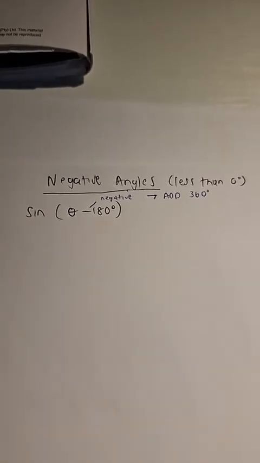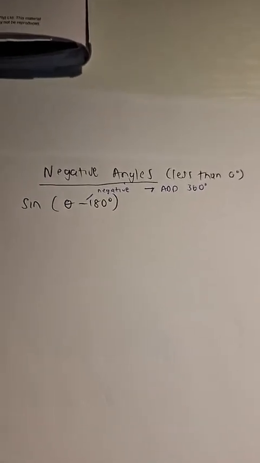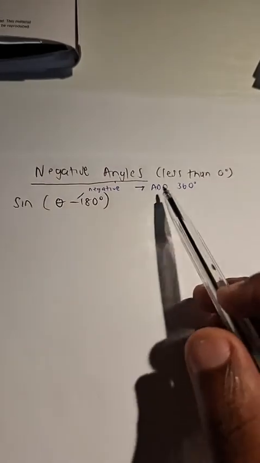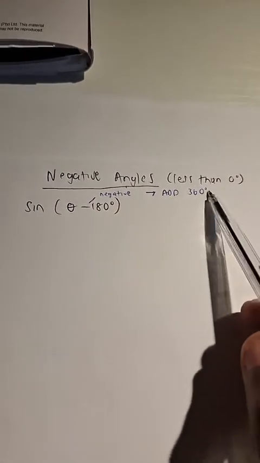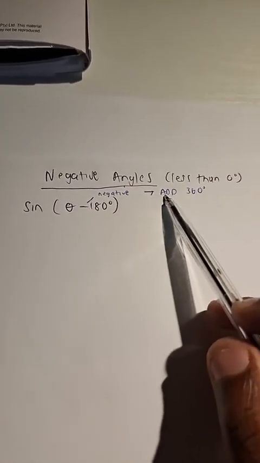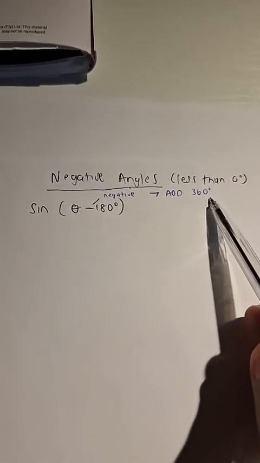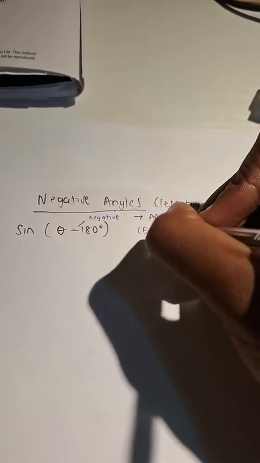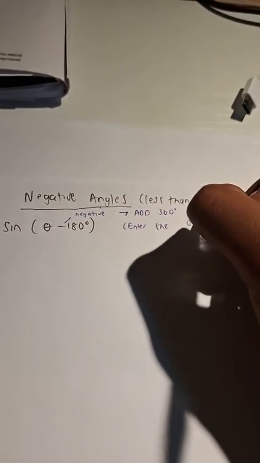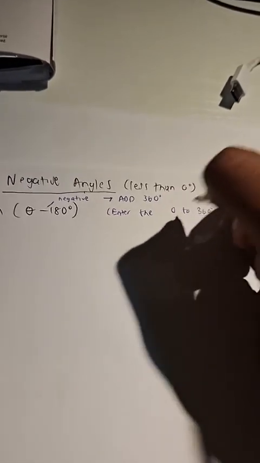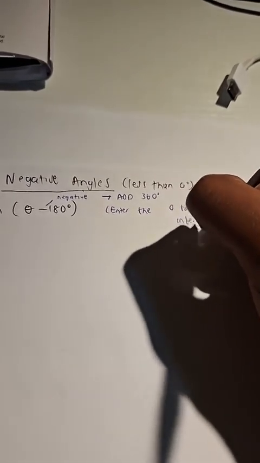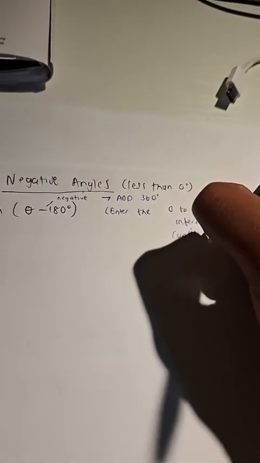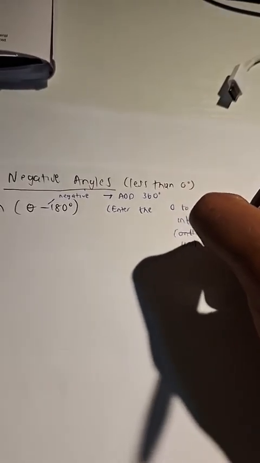So we want to restore our working within one unit circle. In order to accomplish that, we add a full revolution, a full complete 360 degrees, until we can enter the 0 to 360 interval, or the 0 to 360 unit circle, if you want to put it that way.